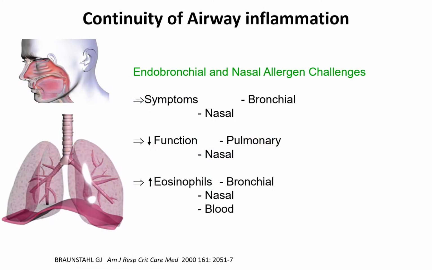John-Gert Blunstall in the Netherlands did studies looking at challenges with allergens in the nose and in the lungs. And when he did this, he found the presence of eosinophils rose. They rose in the bloodstream, they rose in the nose at the site of allergen challenge, and they rose in the bronchi.